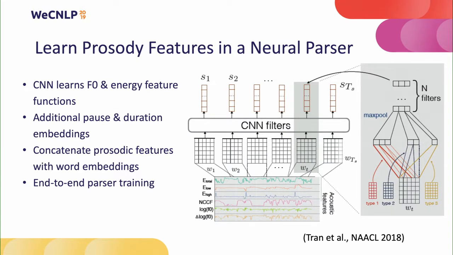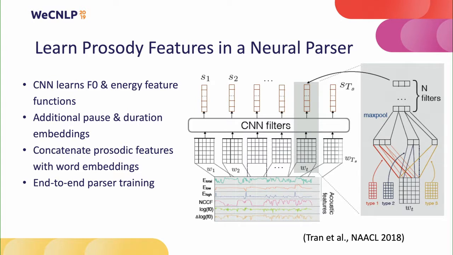So we're going to have a good neural parser, and now I'm going to add to it something that learns about prosody. This is just one little piece. This is the little piece that's going to learn about fundamental frequency and energy, intonation, energy modulation sorts of things. Instead of just saying I'm going to do averages and derivatives, I'm just going to learn these filters. I'm going to learn feature functions, and I'm going to use CNNs. I'm going to allow it to have different windows so I can get different time scales.